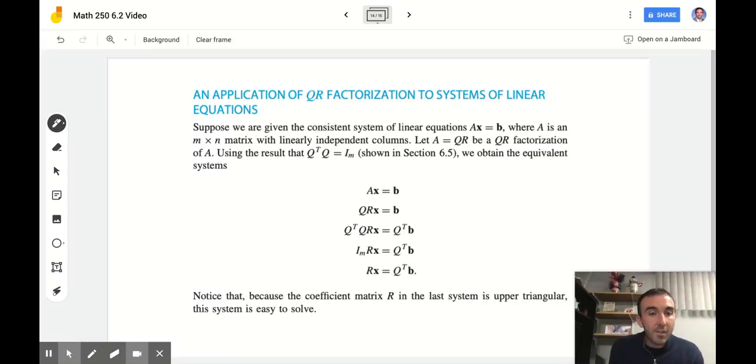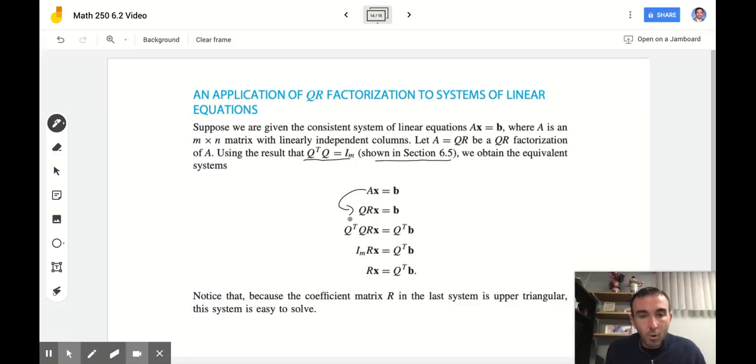If we have a QR factorization up front, we can use the fact that an orthogonal matrix transpose times itself is the identity matrix. This is a fact we will explore later on in section 6.5, but for now we'll just assume it as a fact. You can transform your equation AX equals B into QR x equals B just by substitution.